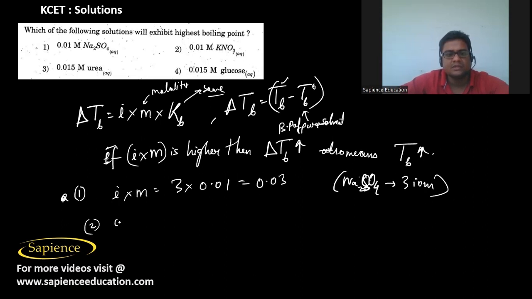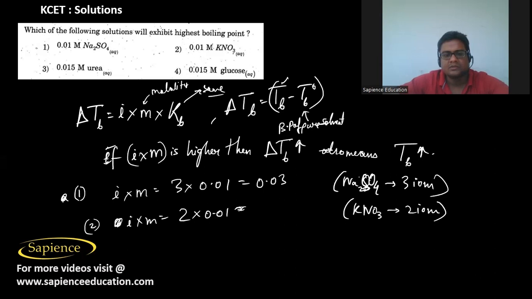For the second option, i will be 2, since KNO3 will give 2 ions, 1 K plus and 1 NO3 minus ion. So 2 into 0.01 will be 0.02. The third option is 0.15 molar urea.